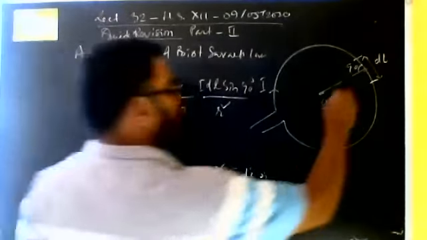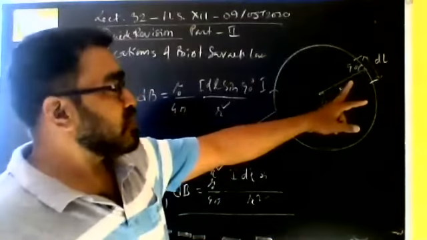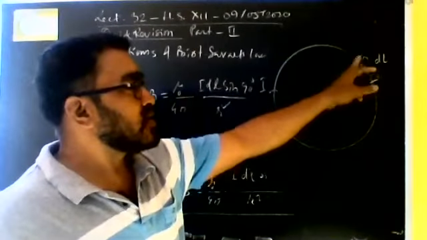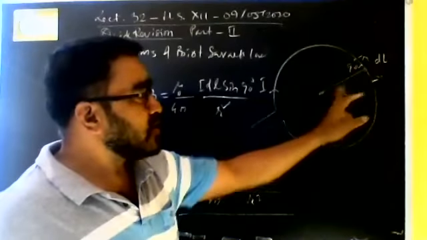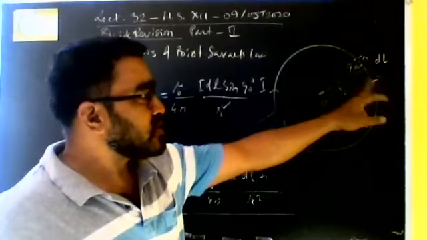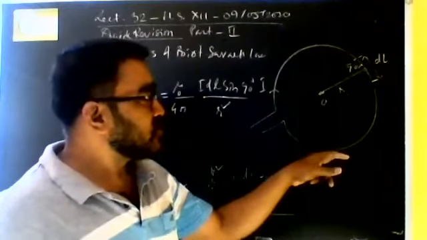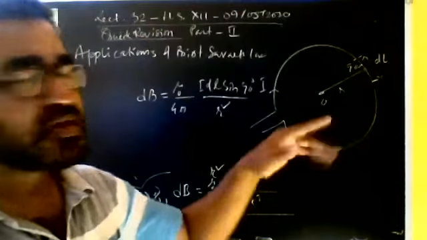If the radius is r, what is theta? Theta is nothing but the angle between the r vector and the dl vector. Here r is a vector, dl is a vector, and current is flowing through this. In this case, the radius always makes an angle of 90 degrees with the circumference.